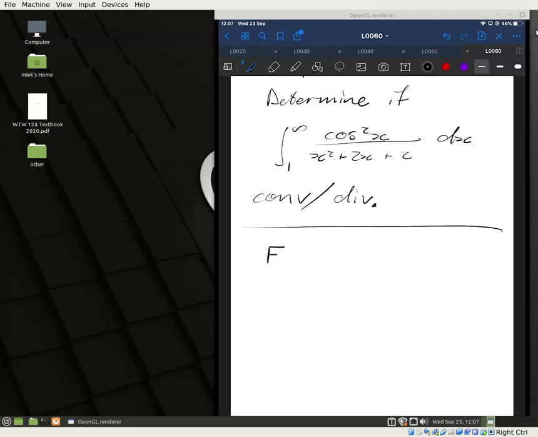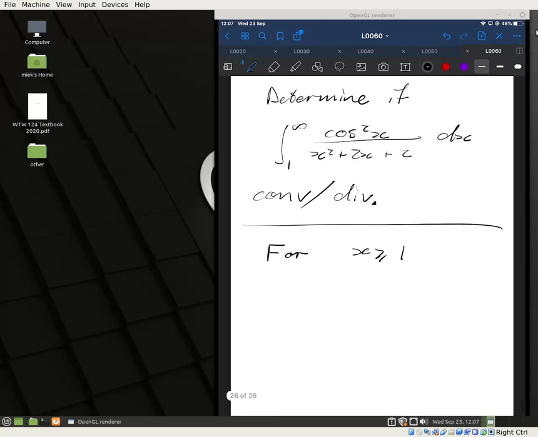So let's try that. For all values of x greater than or equal to 1, we know that cosine squared of x is bigger than or equal to 0 and less than or equal to 1.